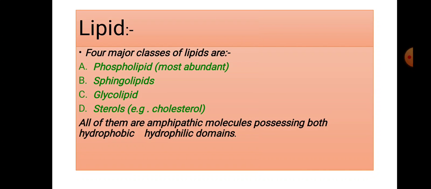Lipid: Four major classes of lipid are: first, phospholipid, most abundant; second, sphingolipid; third, glycolipid; fourth, sterols, example cholesterol. All of them are amphipathic molecules possessing both hydrophobic and hydrophilic domains.